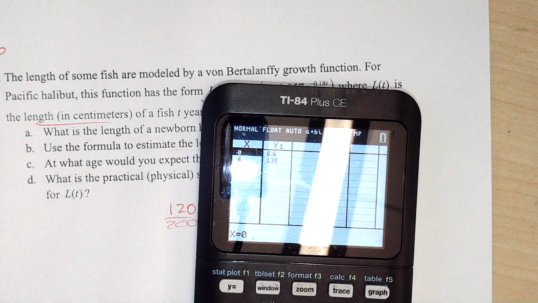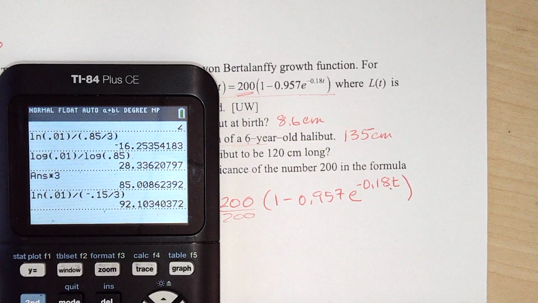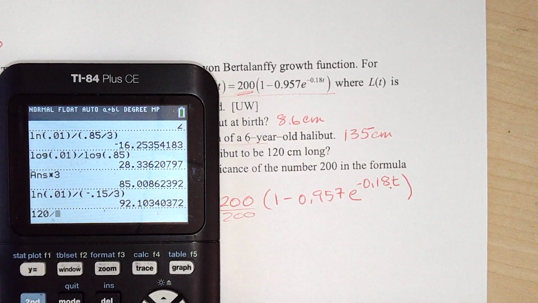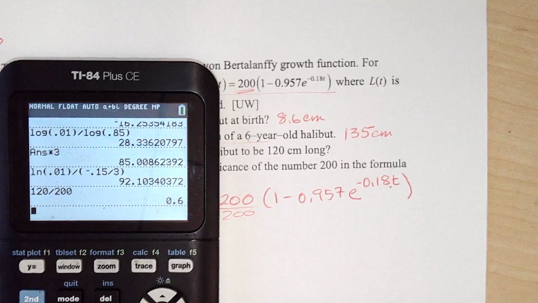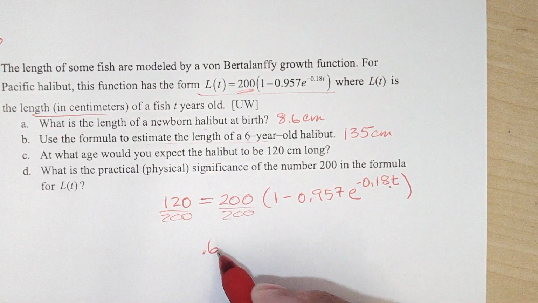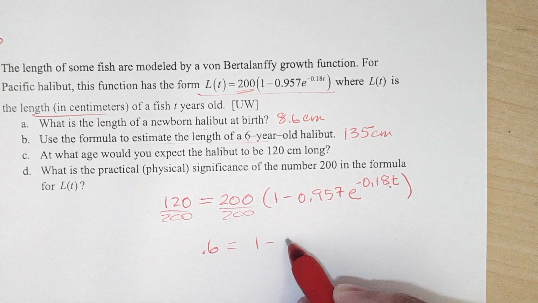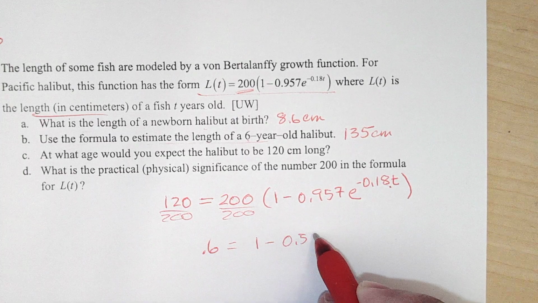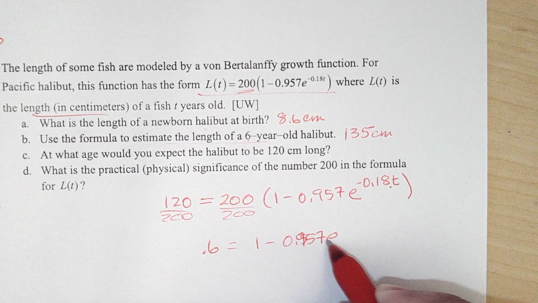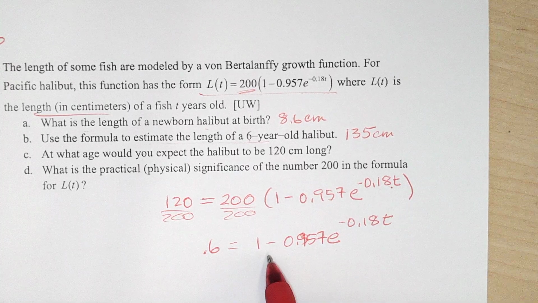120 divided by 200 is 0.6 equals 1 minus 0.957 e to the negative 0.18 t.